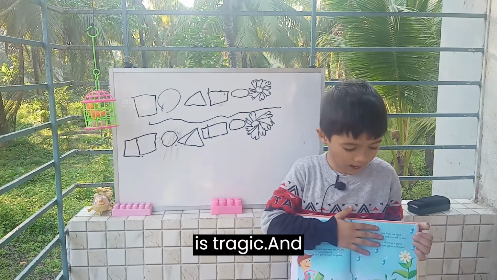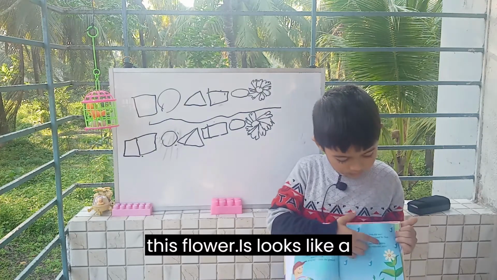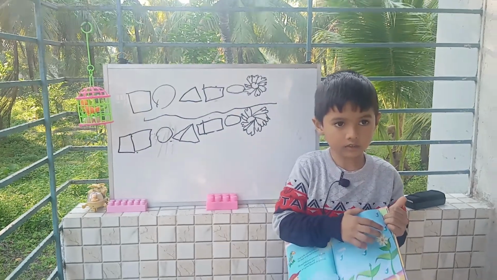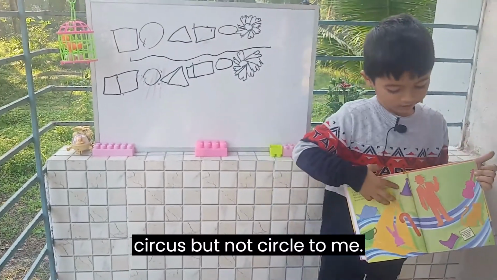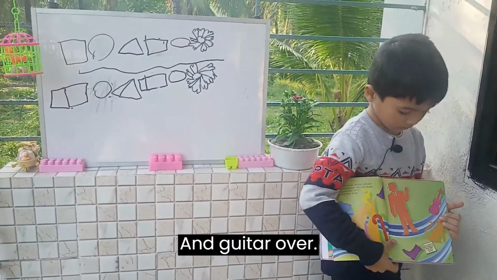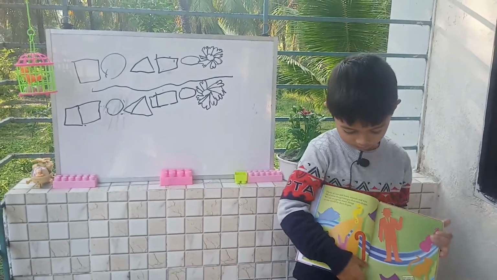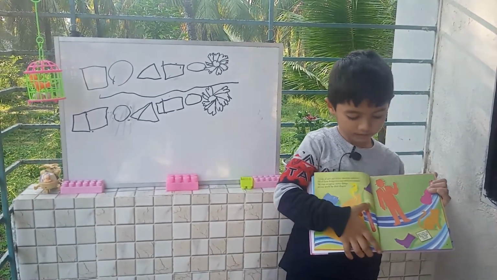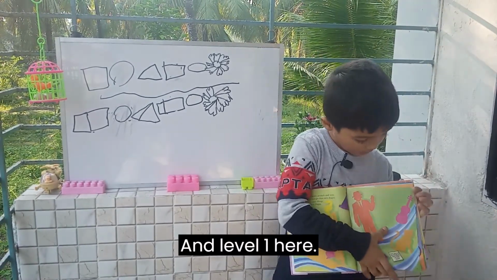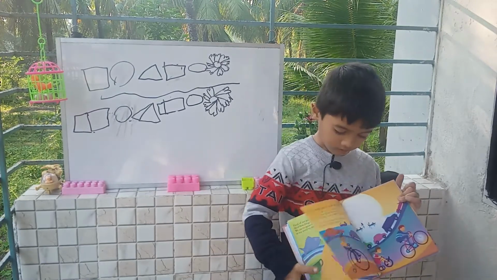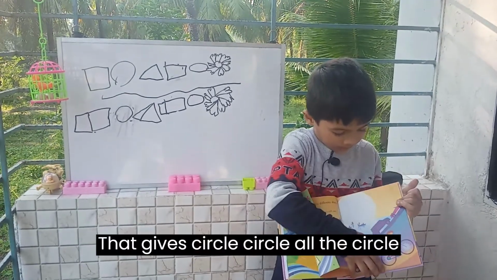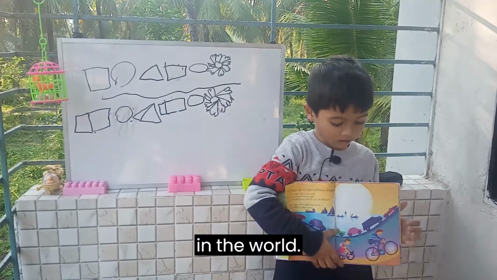Raindrops is triangle, and this flower looks like a circle, but not circle to me. And guitar, oval, and this is rectangle. And let's move on here. Circle, circle, circle, all the circle in the world.